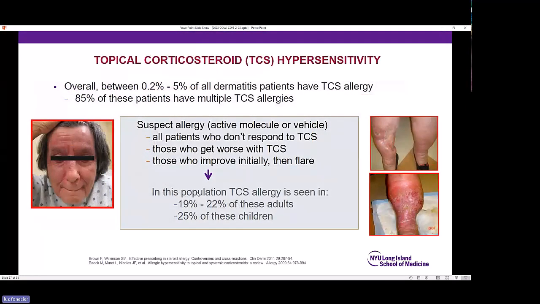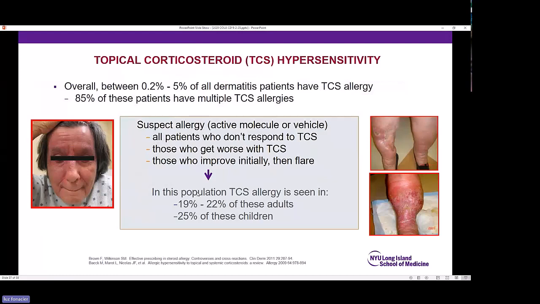Topical corticosteroid, we kind of discussed, but I want to highlight because this is something we give all the time to our atopic patients. So overall, between 0.2 to 5% of all dermatitis patients would have a positive topical corticosteroid patch test. And unfortunately, 85% will have multiple topical corticosteroid allergies.